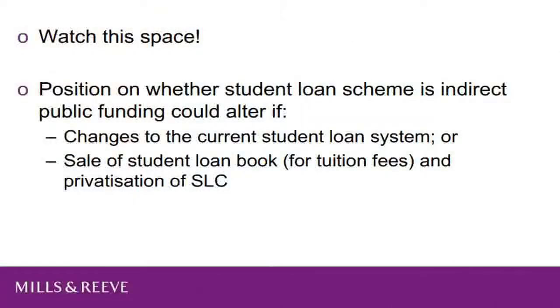But if, for example, everything is privatised, if the whole regulation around payment of tuition fees and student loans all changes such that it would no longer be regarded as state measures enforced by public powers, or if the student loan company is privatised such that the loan is no longer public funding, but private financing which actually meets the cost of the loan initially, then that might well very much change the position, because you could well be looking at a situation where it was no longer public financing, and therefore it might lead to more instances of universities falling outside of the rules. But I think that's the future.